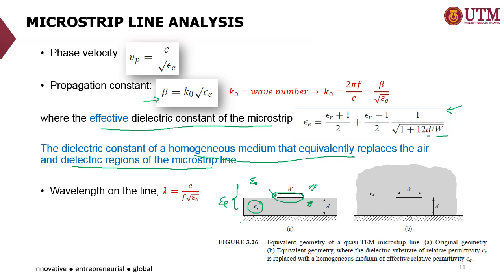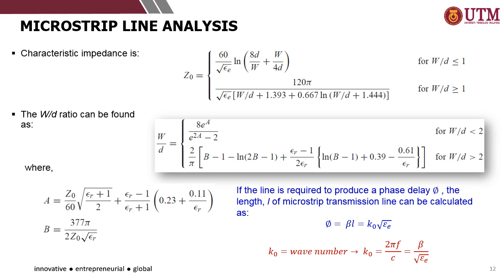Then the wavelength of the line can be calculated using lambda, still dependent on epsilon E, the effective permittivity or dielectric constant. Next, the characteristic impedance for microstrip line can be estimated using the following equations, which depend on the d, the thickness of the substrate, and the width.